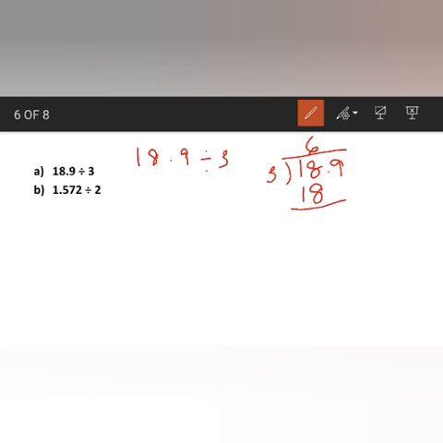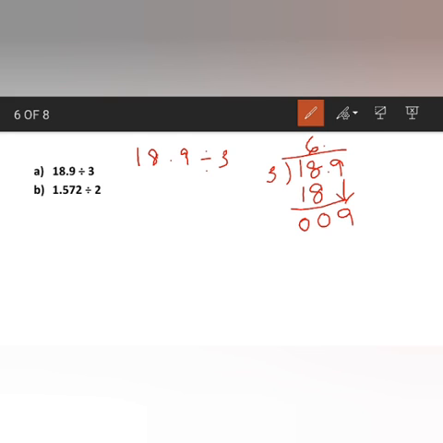Now, we will do the subtraction. 8 minus 8, it is 0. 1 minus 1, it is 0. Now, in the dividend part, there is the decimal point. So, we have to put the decimal point in the quotient. So, now we will put the decimal point next to 6. Then, bring down 9. So, we will write 9 here. Then, how many times will 3 go in 9?